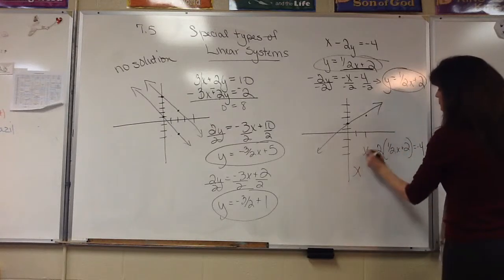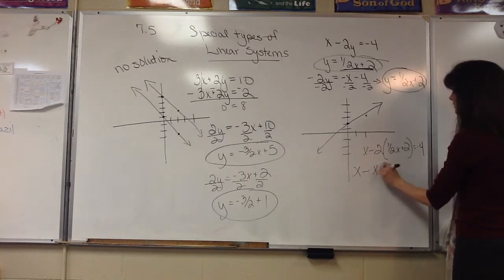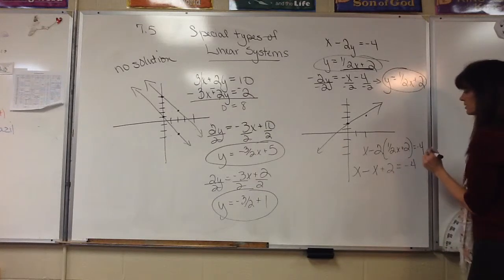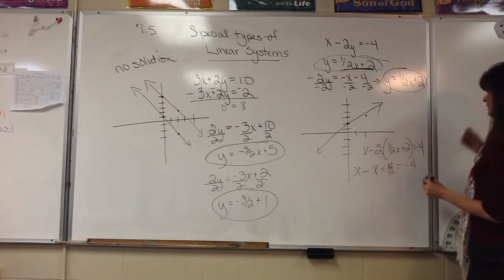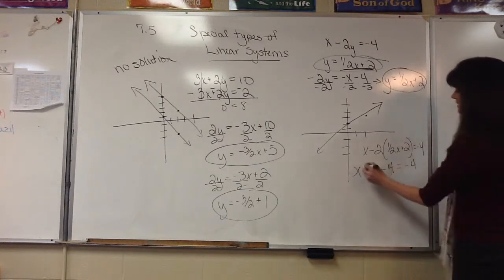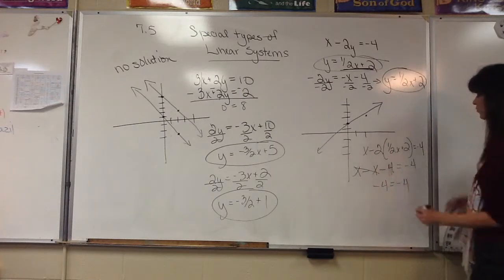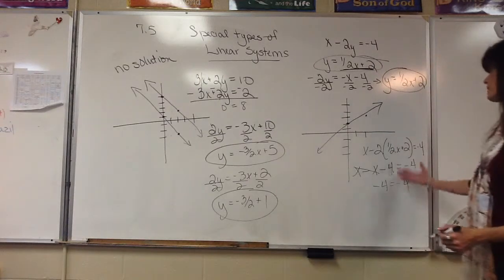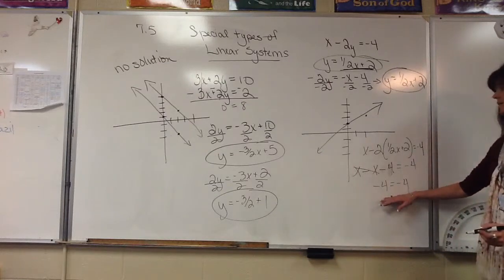So I'm just going to use distribution. 2 times 1/2 would just be 1x, and negative 2 times 2 would be negative 4, actually it's going to be negative because I'm multiplying by negative. Sorry. We see that the x's will cancel. We see here that negative 4 equals negative 4. Therefore, they're the very same value. That's another way, by using substitution here, or elimination, and one side equals the other side.